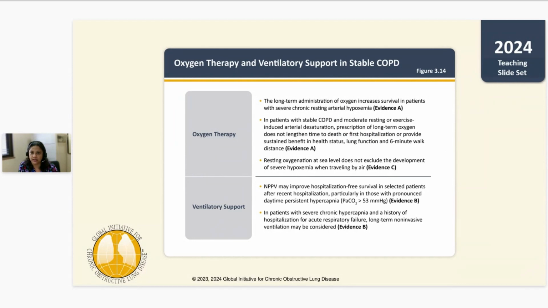Ventilatory support is also a consideration. Non-invasive positive pressure ventilation, that NIPPV, which is also sometimes called bilevel pressure support, may improve hospitalization-free survival in select patients, particularly those who are CO2 retainers, who have pronounced daytime hypercapnia with an arterial CO2 level that's greater than 53.